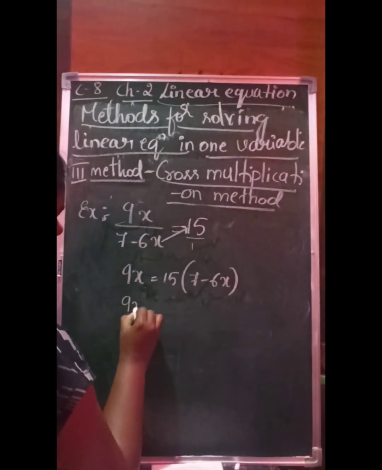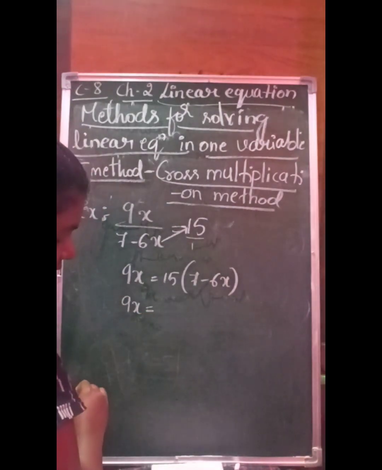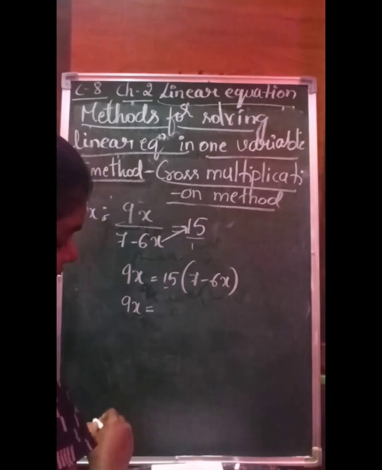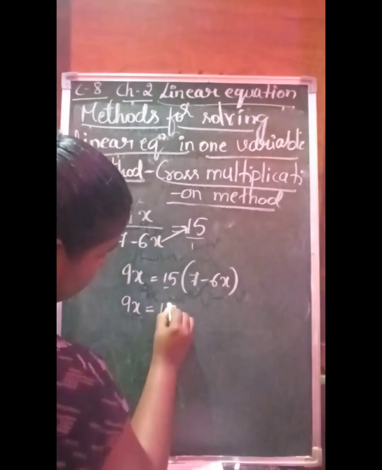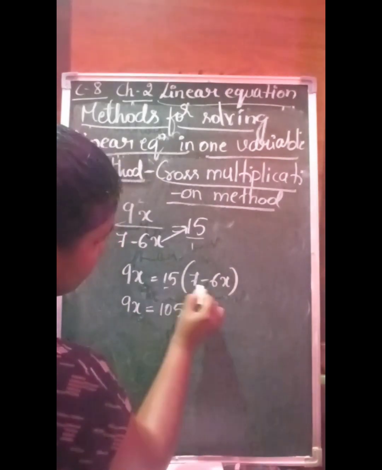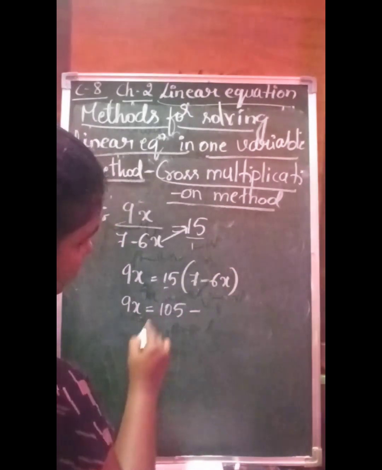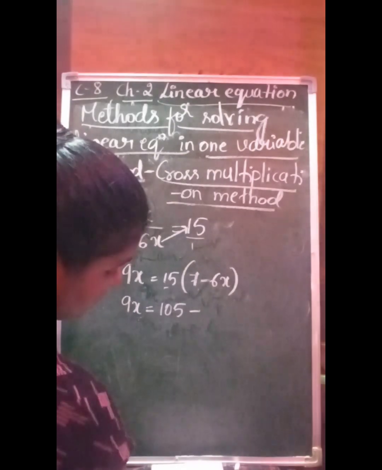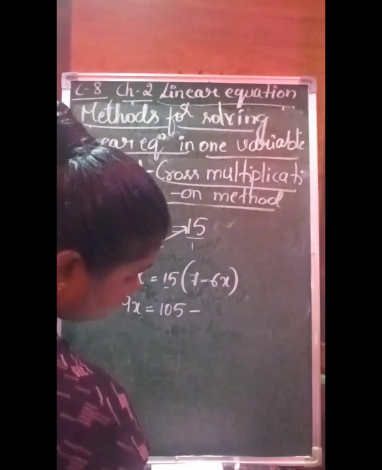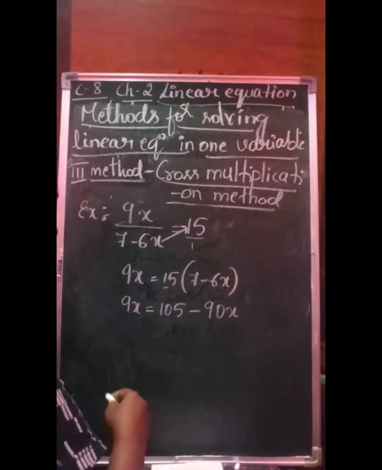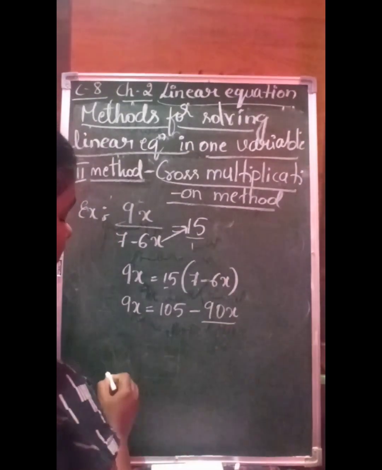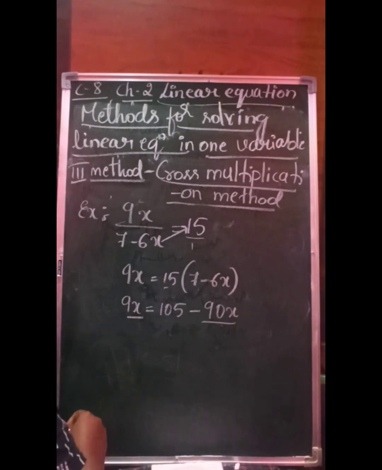Now write 9x as it is, then multiply 15 inside. 15 into 7 is 105, plus into minus is minus, then 15 into 6 is 90x. Now here a variable is there, and here also a variable is there.